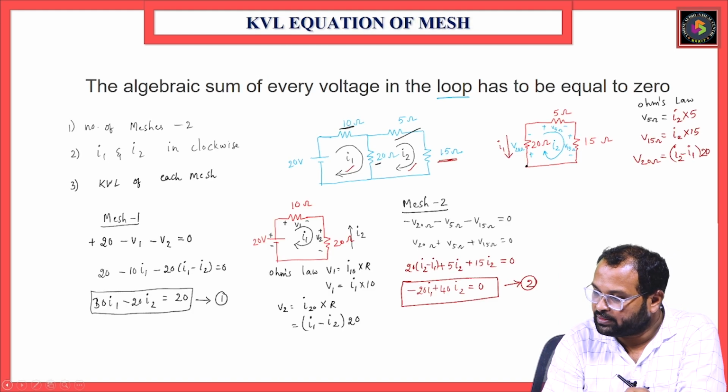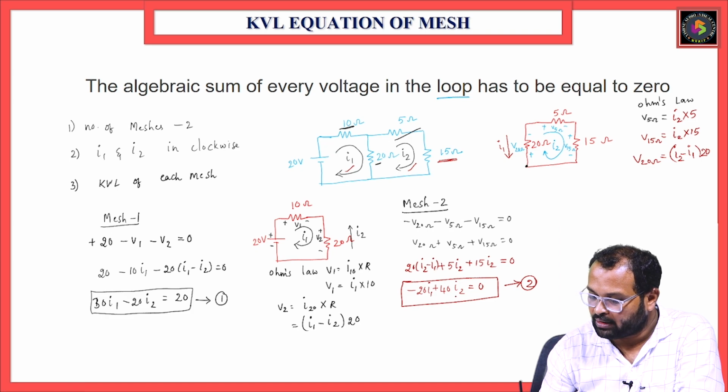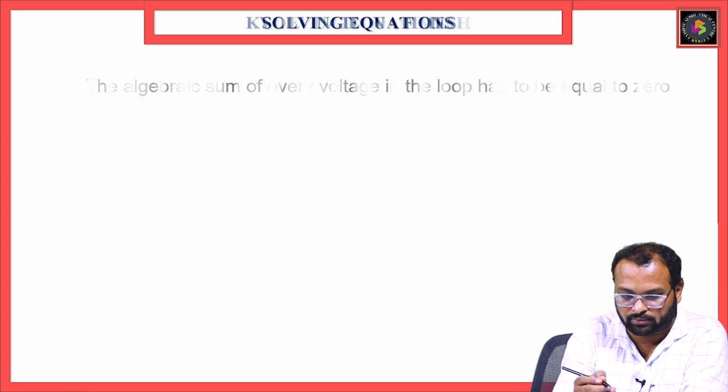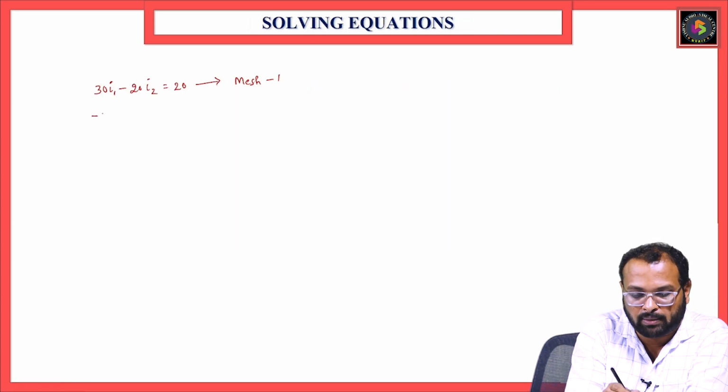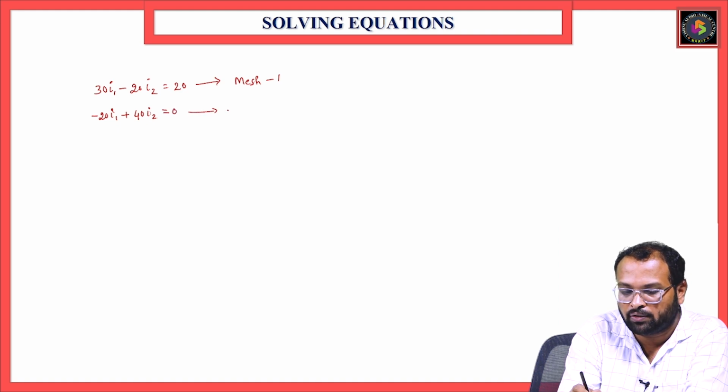And the second equation is minus 20 I1 plus 40 I2 is equal to 0, which is mesh 2.